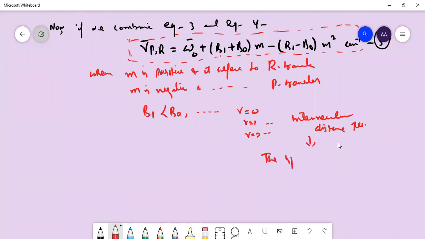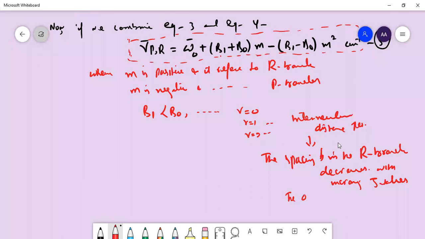The spacing in the R branches decreases with increasing J values. So as you increase the value of J from 0 to 1 to 2 to 3 and 4, the spacing between the R branches decreases, and the opposite is observed in the P branches.